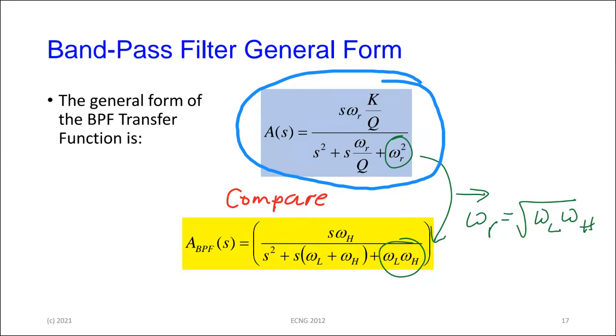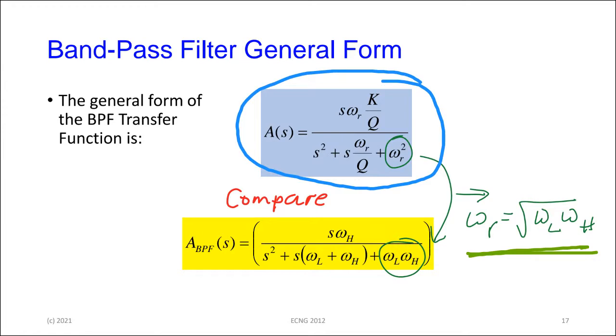So here we have the general form of the bandpass filter transfer function, and what we have below in yellow is what we just derived. So it's very easy to compare the two coefficients now and see that the cutoff frequency for the bandpass filter is given by the square root of omega L times omega H. And of course, each of these you determine by your own design.